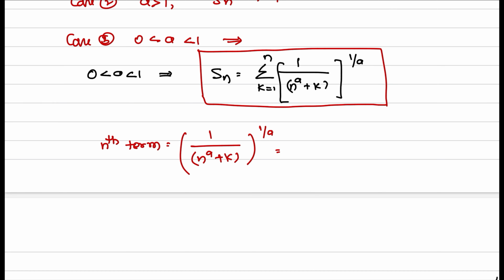We have already seen that this will be 1 by n into (n by (n to the power of a plus k)) to the power of 1 by a.